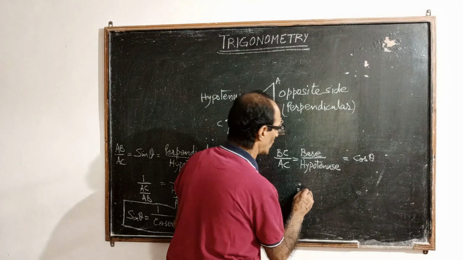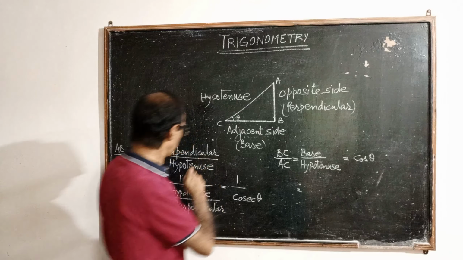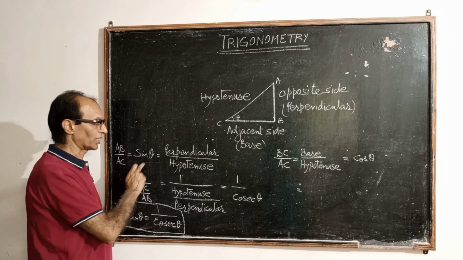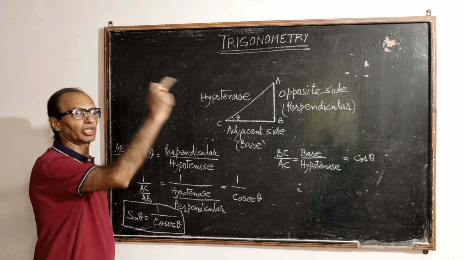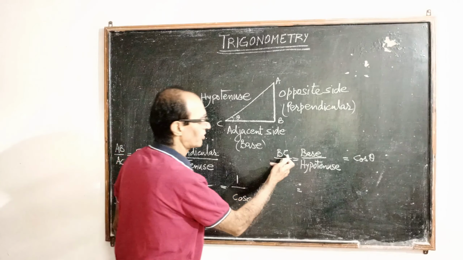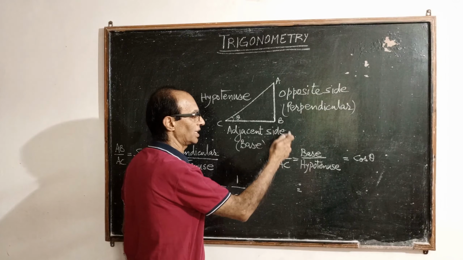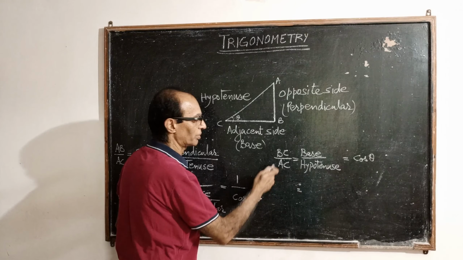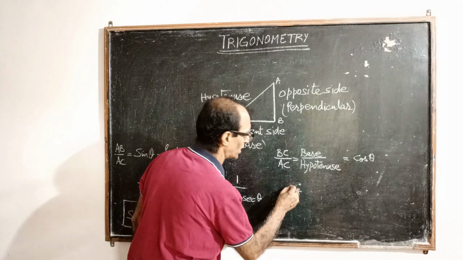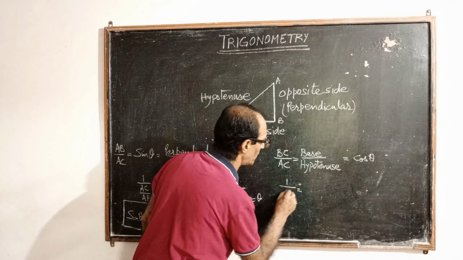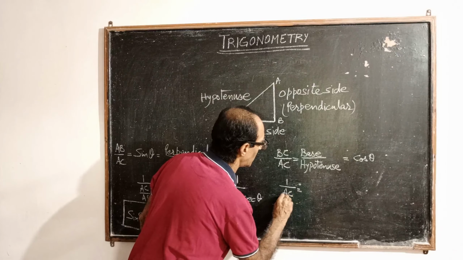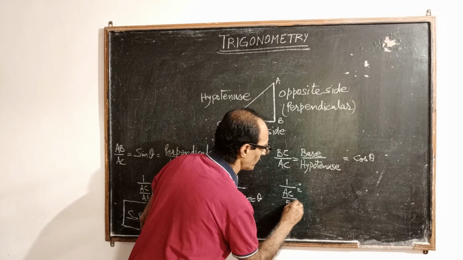Now, what we did in the case of sine theta, we took that numerator to the denominator of denominator. So same way, we take this BC from numerator to the denominator of denominator. So it becomes 1 upon AC upon BC.